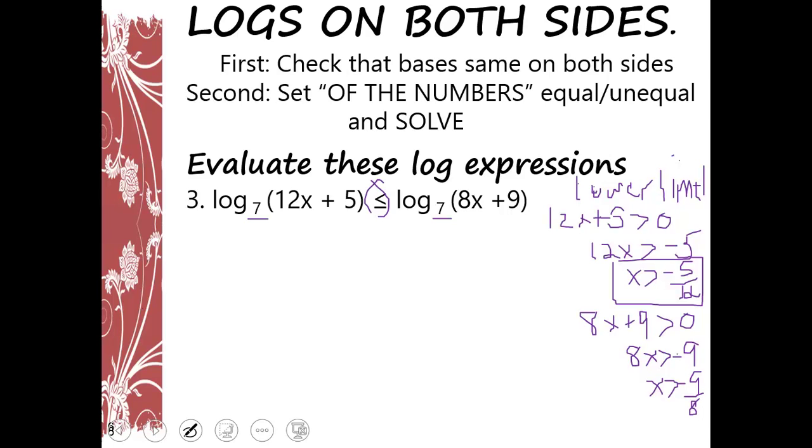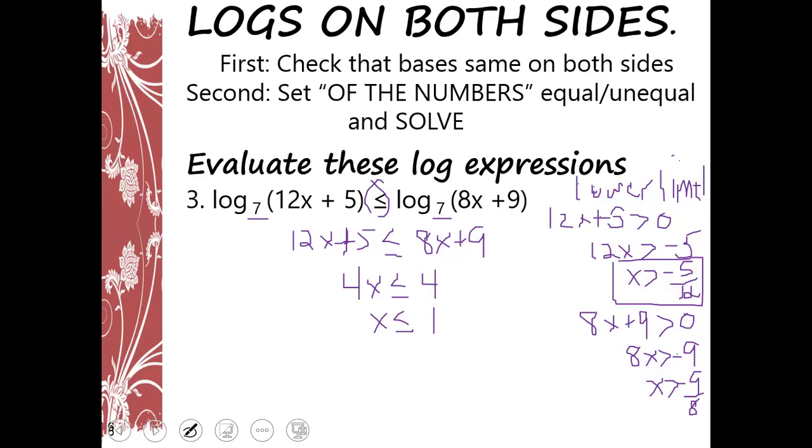So that means that 12x plus 5 simply has to be less than or equal to 8x plus 9. I'm going to move my variables left, my numbers right, and I get 4x has to be less than or equal to 4, and I get x is less than or equal to 1.